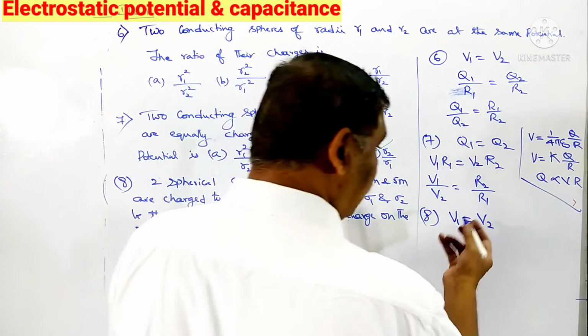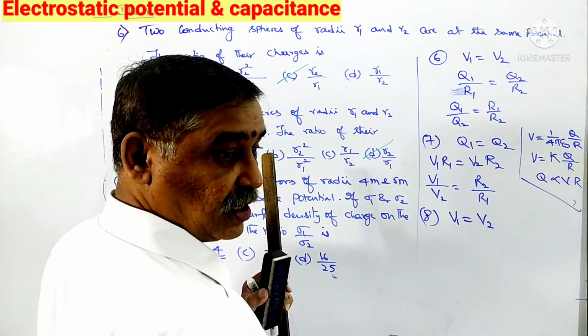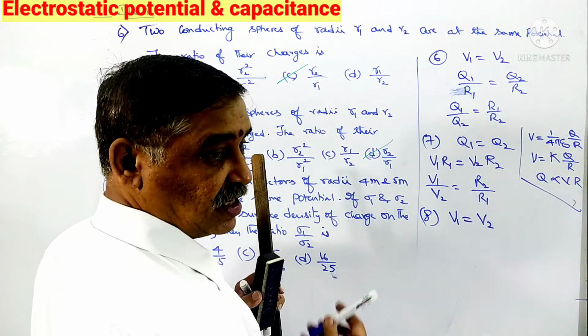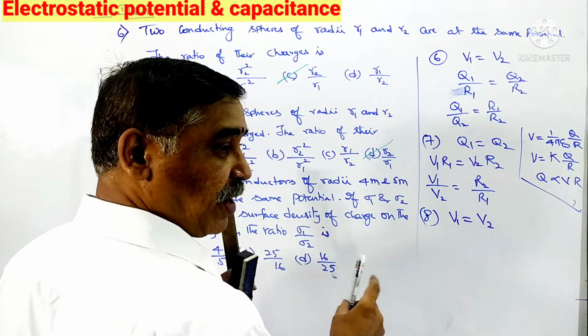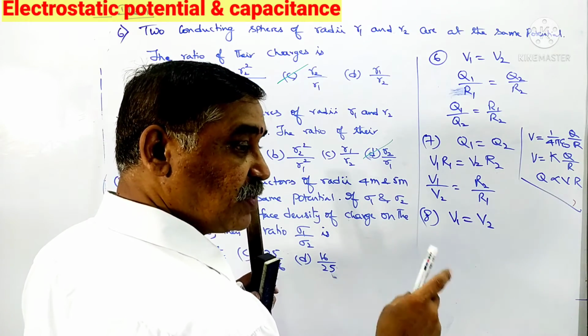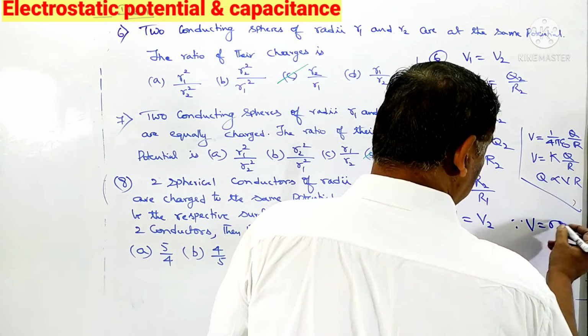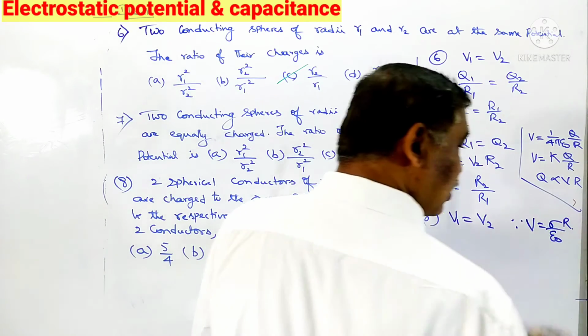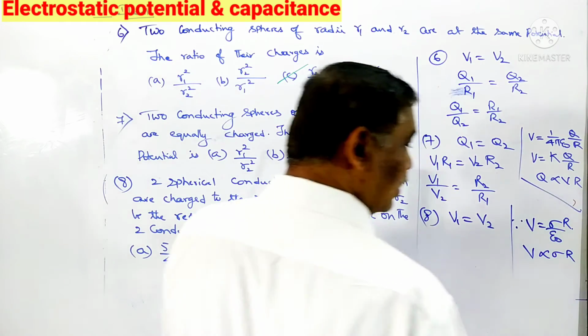So V, potential, I explained in the previous videos, V is equal to sigma by epsilon naught times R. That I have given. If you remember that, V is here. V is equal to sigma by epsilon naught R. So I can write V is proportional to sigma into R.